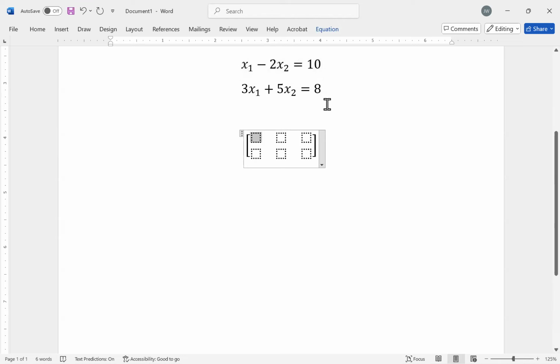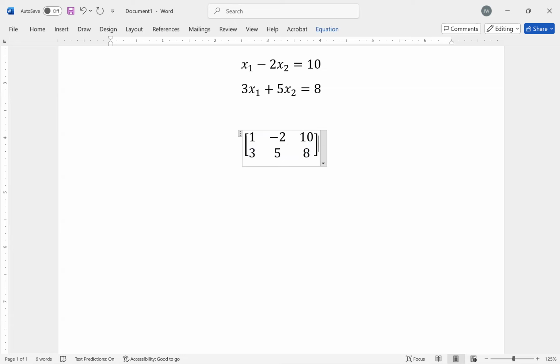That works the same in both equations. So our coefficient of x1 is 1, coefficient of x2 is negative 2, and our constant on the right-hand side of the equation is 10 in the first equation. That means the first row of my augmented matrix is 1, negative 2, 10. My second row is going to be 3, 5, 8.